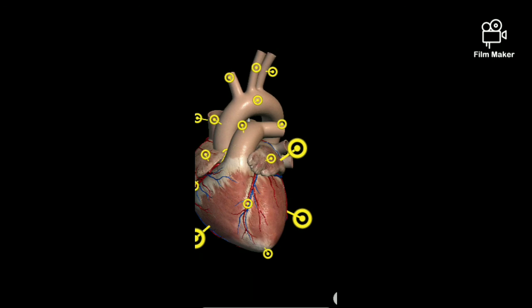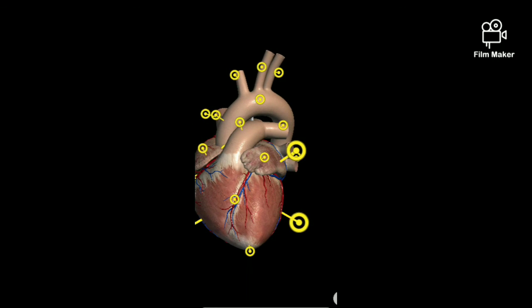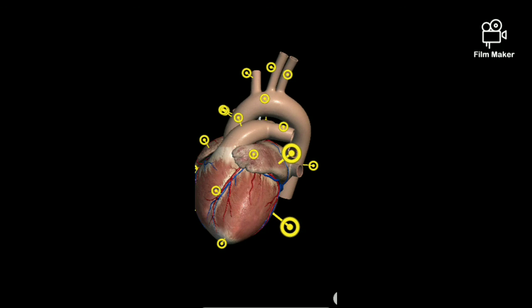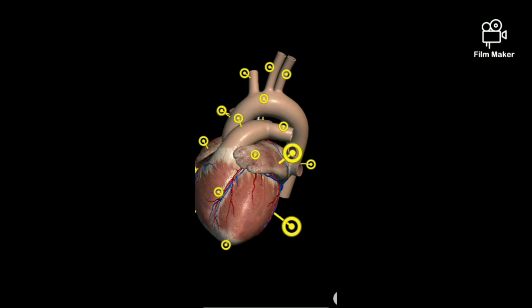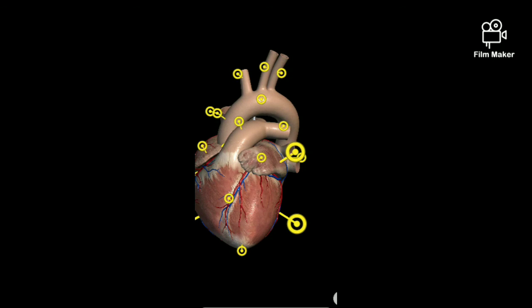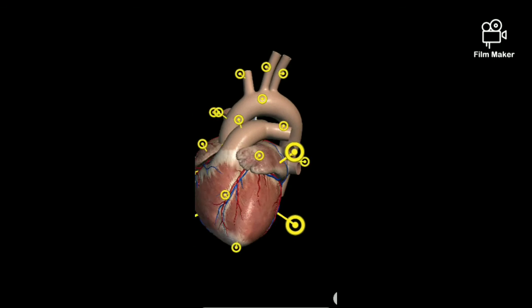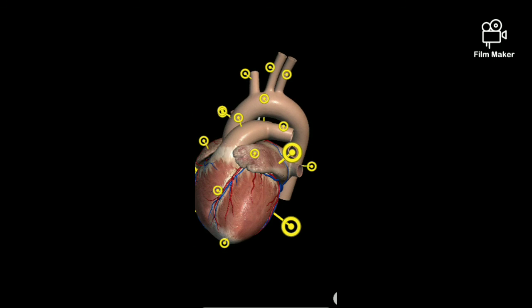Upon reaching the AV node, the signal is delayed, then conducted into the bundle of His and down the interventricular septum. Here the bundle of His and the Purkinje fibers spread the impulse along the ventricles, causing them to contract. We will now discuss the anatomy of the components involved in the conducting system: the SA node, AV node, bundle of His, and Purkinje fibers.